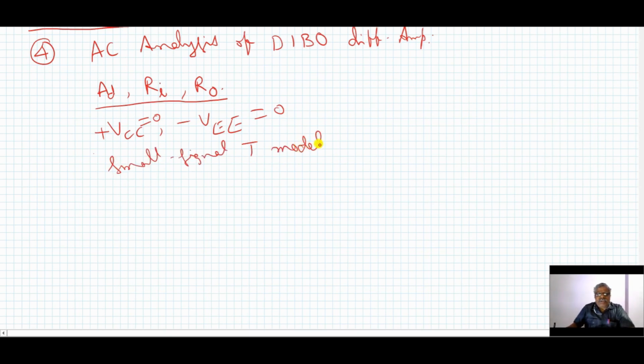What is this small signal T model? Suppose you take a transistor like this, with collector, base and emitter. We know the H parameter model. The approximate H parameter model is like this: this is base, this is emitter, this is collector.